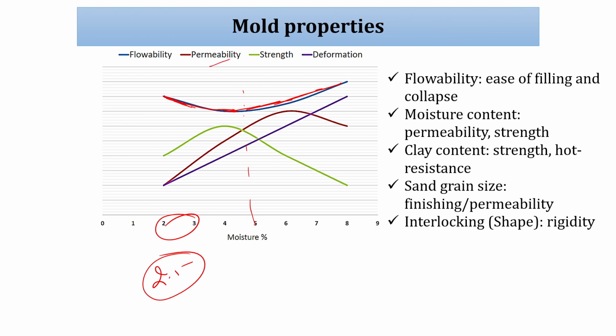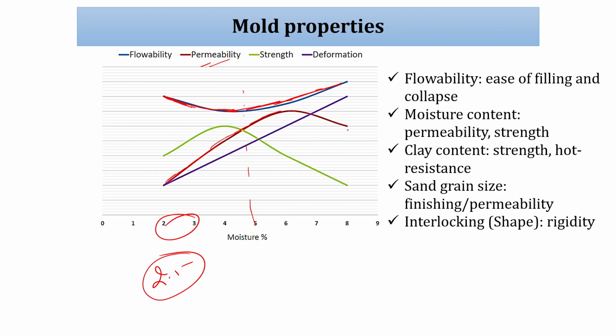Second is permeability. Permeability is the ability to pass gases. It should be neither too low nor very high. If you add some water, you will increase your permeability. But after some time, as you add more water, you will not allow the gases to pass and it will start to decrease.